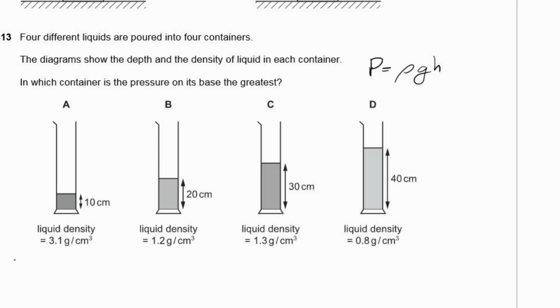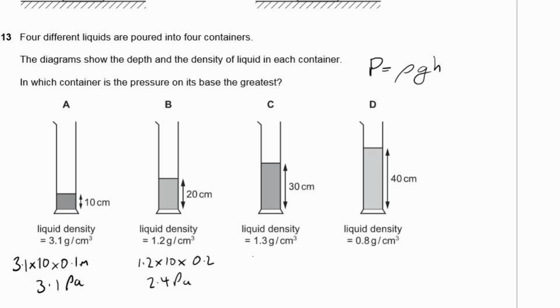A, we have a density of 3.1 grams per centimeter cubed times gravity, just 10 meters per second squared, times the height of 0.1 meters. Alright, that's going to give me 3.1 pascals. Next one, we have 1.2 times 10 times 0.2, which gives us a value of 2.4 pascals.